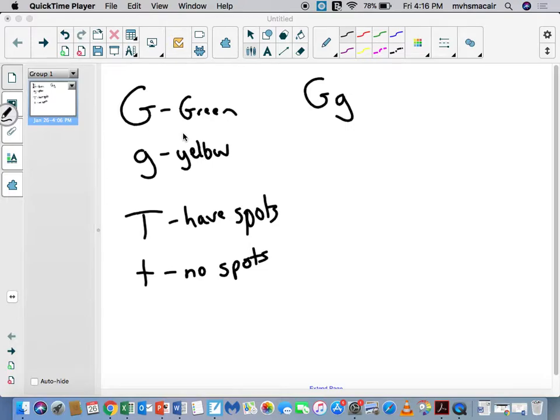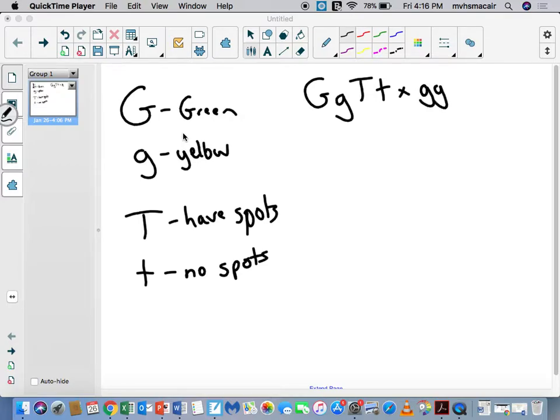And we're going to say it has spots, and for this case, let's also say that is heterozygous. If it is heterozygous, I will give you that information, typically, because that's hard to assume without really diving into it. That's going to breed with a frog that has yellow skin.